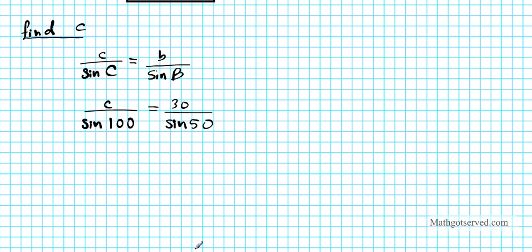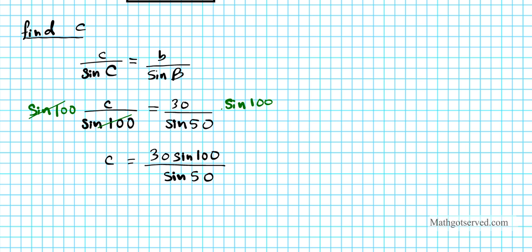Now to get little c by itself, you multiply both sides by sine 100 so that you can get rid of this denominator. So these divide out, and then you have c equals 30 sine 100 over sine 50.